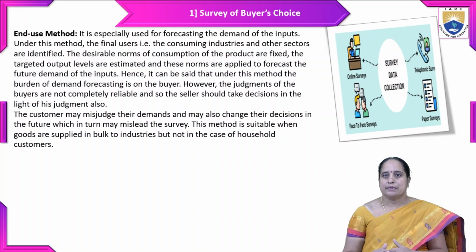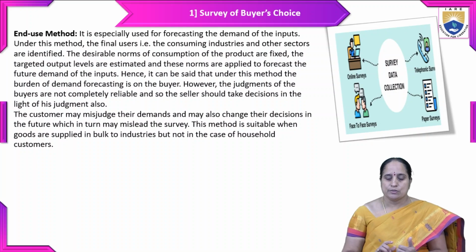It can be said that under this method, the burden of the demand forecasting is on the buyer, not on the seller. The judgments of the buyers are not completely reliable, so the seller should take decisions in the light of his own judgment also. The consumer or customer may misguide their demands and may also change their decisions in the future, which in turn may mislead the survey.